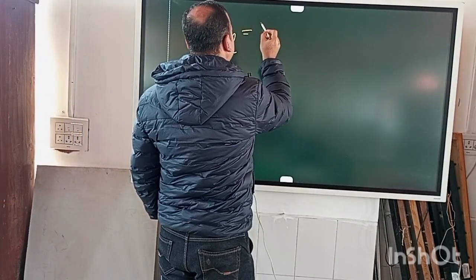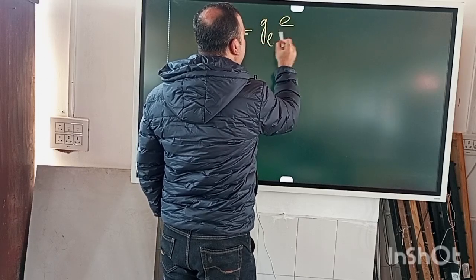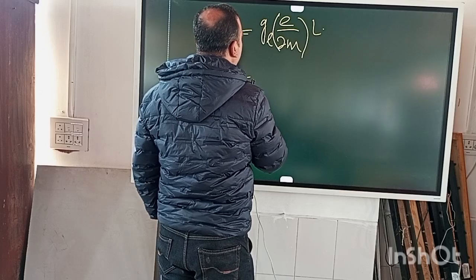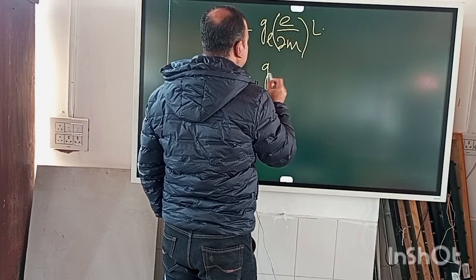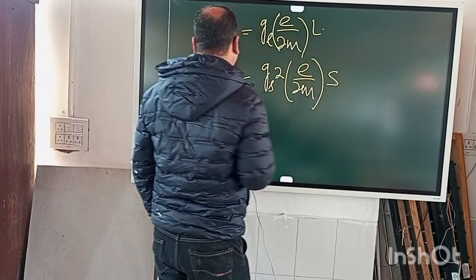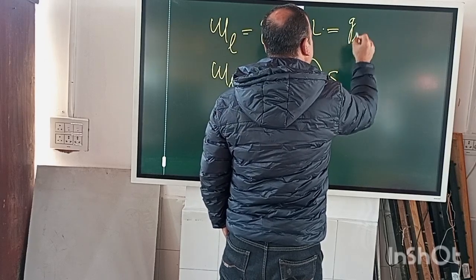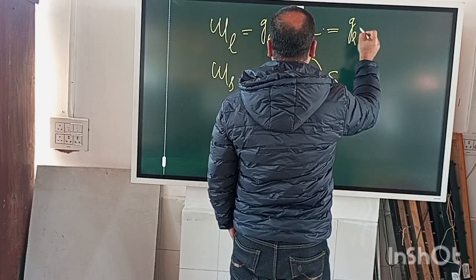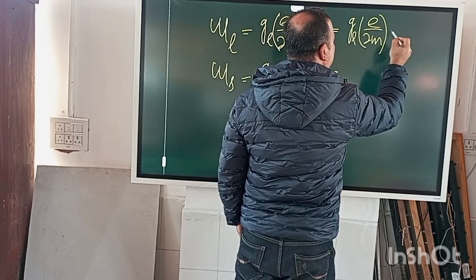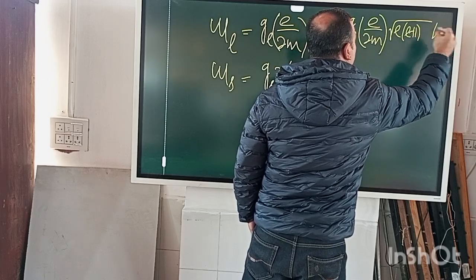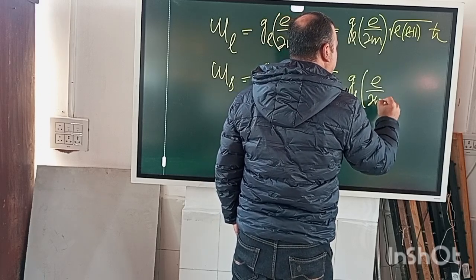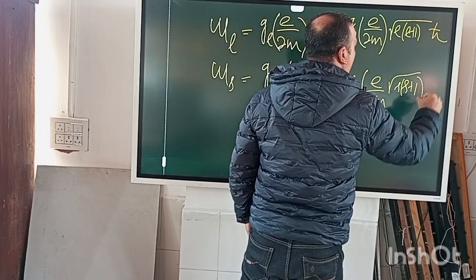It's like GL e by 2m L. And similarly for mu S, we have GS 2 times e by 2m S. And we can extend this to GL and e by 2m L. So for L, what we have is under root of L times L plus 1 h bar. The same thing will happen here: you will have GS e by 2m under root of S times S plus 1 h bar.